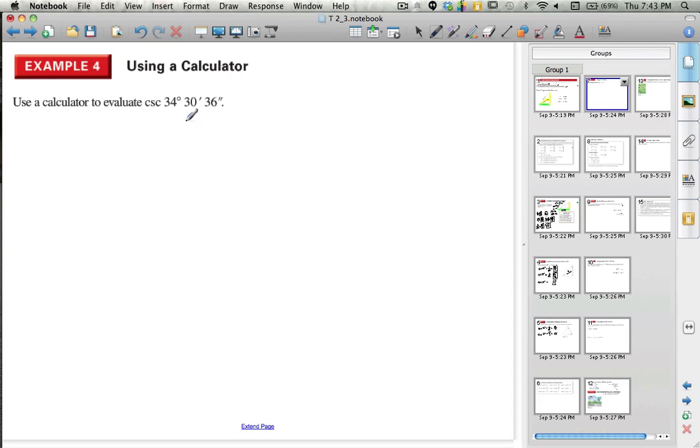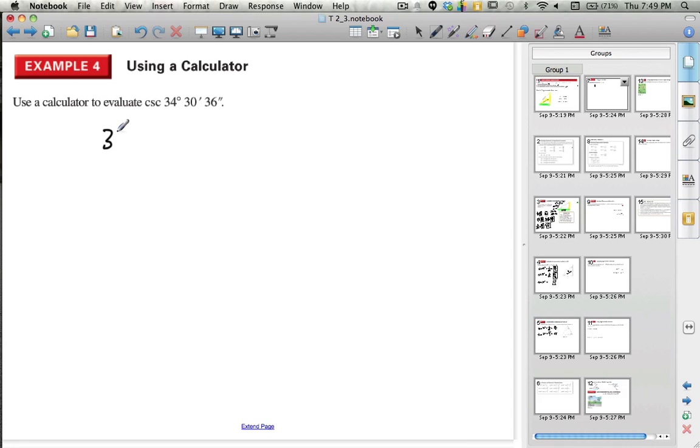If I want to use a calculator to find the cosecant of this guy, what we want to start thinking about is how do we convert the degrees, minutes and seconds back into degrees. So when you're working with degrees and minutes and seconds, you just want to think of the degrees as hours.